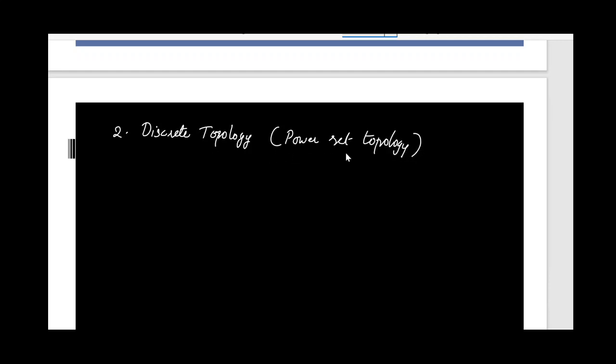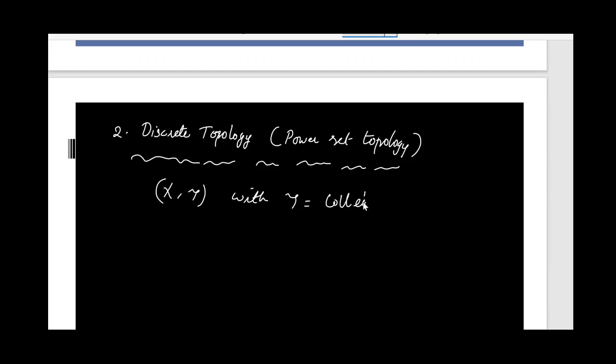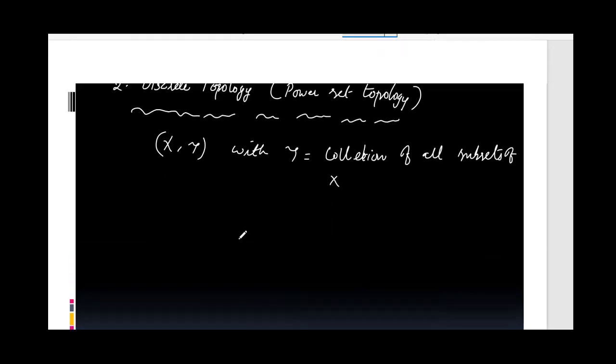So from this idea, it is clear what should be the members of the topology. The members of this topology are all the subsets. So we are having X, tau, with T equal to the collection of all subsets of X. So take all the subsets of X, it is going to be the discrete topology.